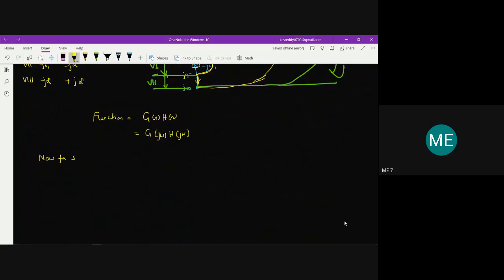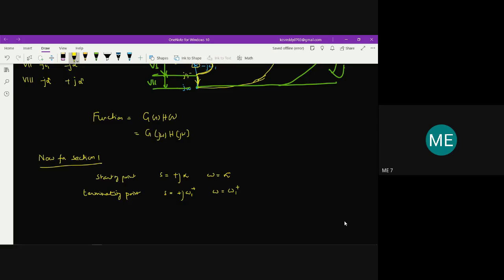Now for section 1 we have 2 points. One is the starting point of section 1, which is s equal to plus j infinity, that is nothing but omega equal to infinity here, and the terminating point, that is j omega 1 plus. For section 1, s is equal to plus j omega 1 plus, it means that omega is equal to some value omega 1 plus.